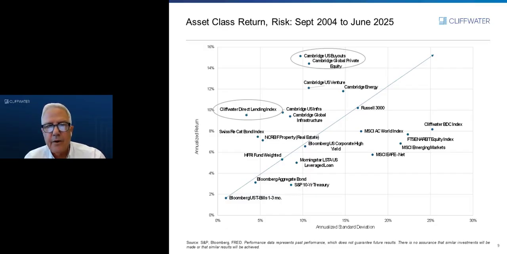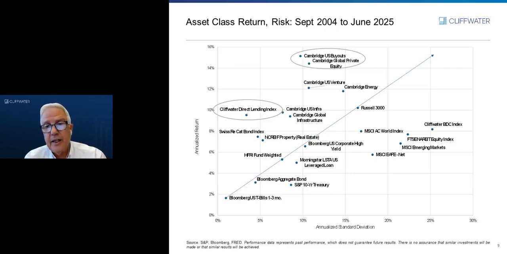I often compare the Cliffwater Direct Lending Index, if you look down at the Morningstar LSTA, but somewhat below the line at about a 10% risk level. Basically, the incremental return is over 4%. We consider that very attractive.